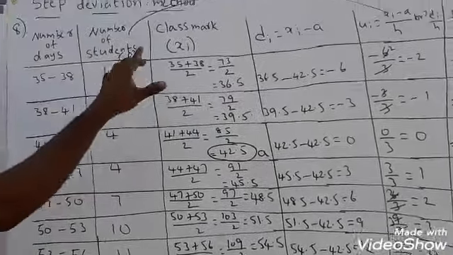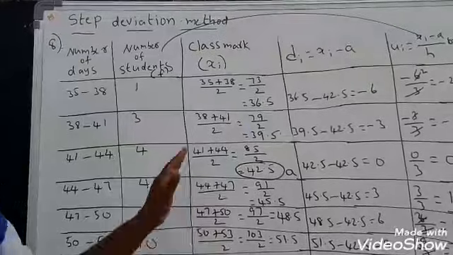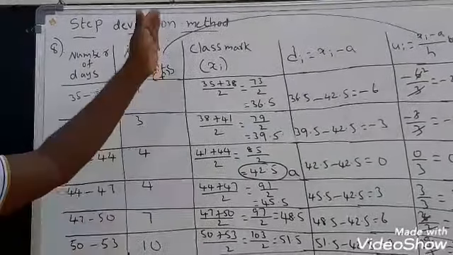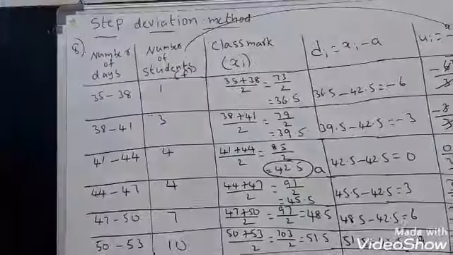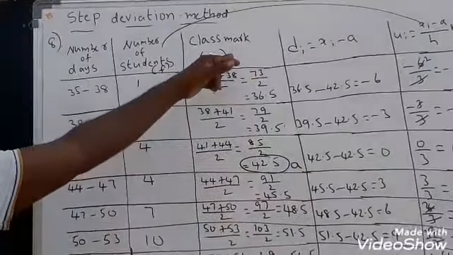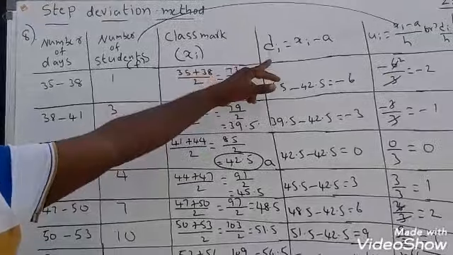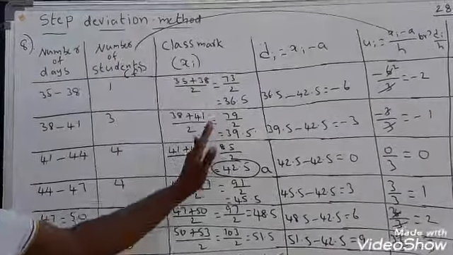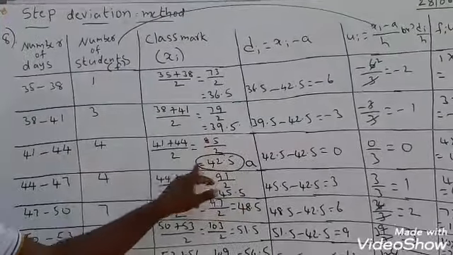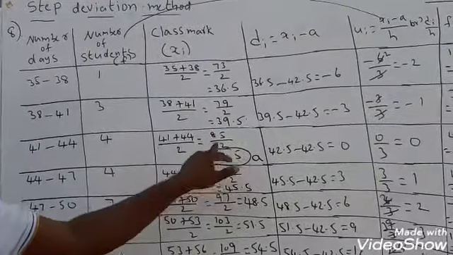See children, look at the table very carefully. Class interval, frequency, after that class mark. Class mark is lower limit plus upper limit by 2. After that you calculate di. di is equal to xi minus a. From each class mark you subtract the arbitrary constant, the assumed mean.